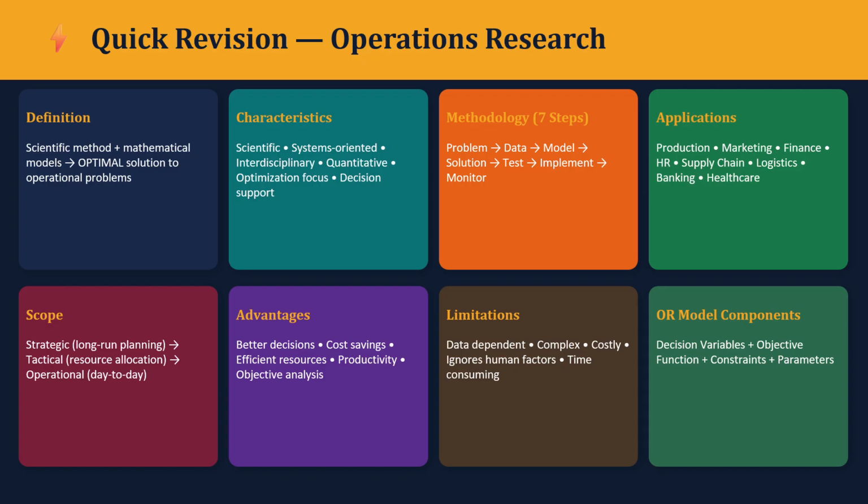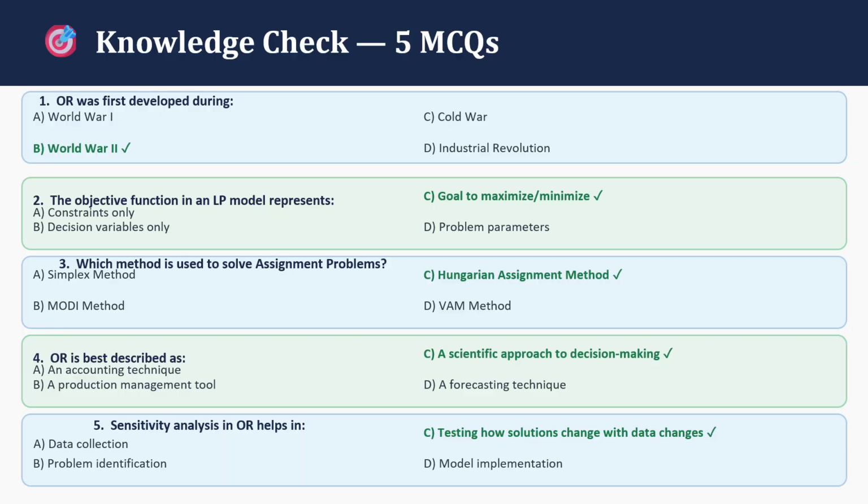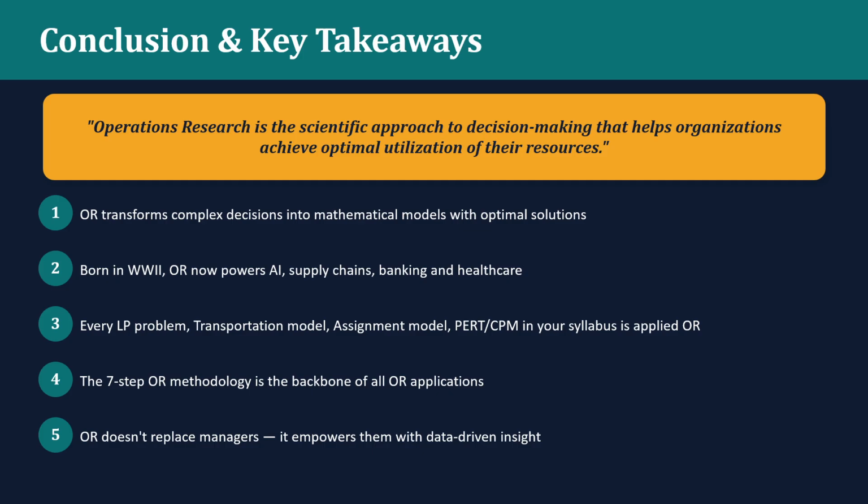So let us conclude today's lecture. OR is a scientific approach to decision making which helps organizations use resources efficiently and achieve optimal results. In this lecture, we covered the meaning, importance, characteristics, methodology, scope, advantages, and limitations. In our next lecture, we will begin with one of the most important logistics topics of OR, which is linear programming problem formulation.